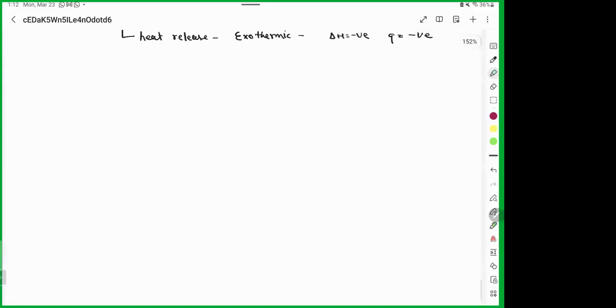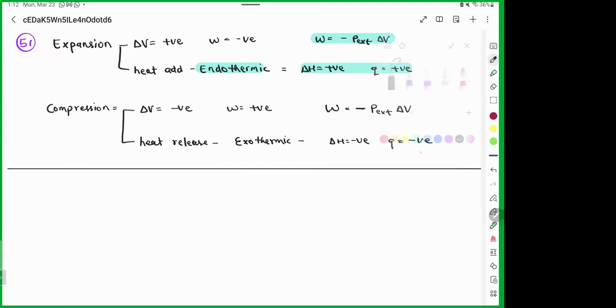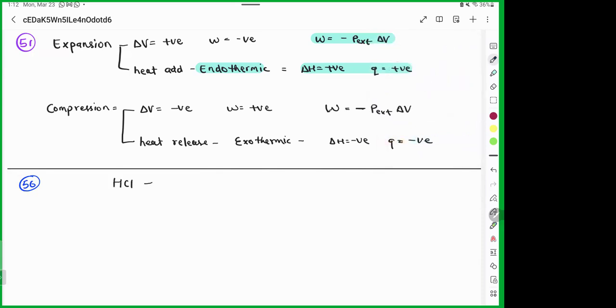This one. So, Mridul, what was the question number? 56th question, sir. So in this question 56, it is given that HCl reacts with the base, and when it reacts with the base it will become this and Cl negative will form.